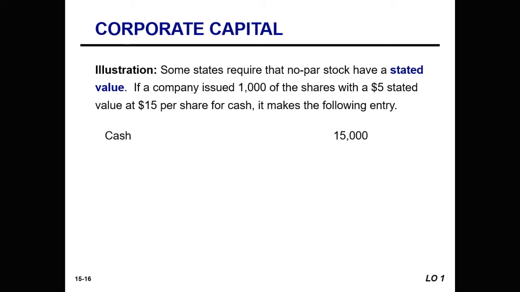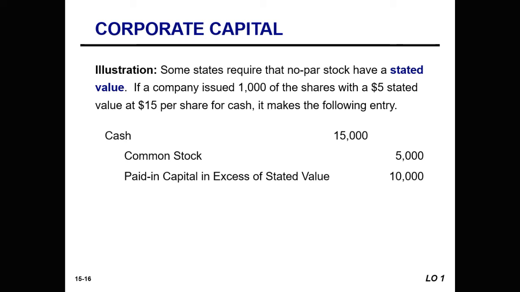They credit to their common stock account $5,000 because of the $5 stated value for each of the 1,000 shares, and then credit the remaining $10,000 to the paid in capital in excess of the stated value. So although you may have no par stock, when a stated value is at play, the entry is pretty much the same as par value.